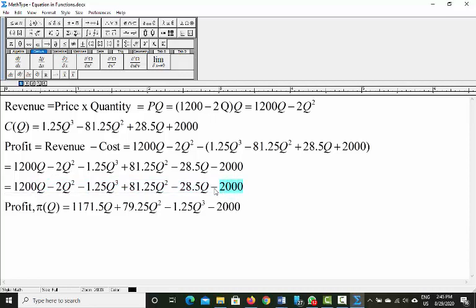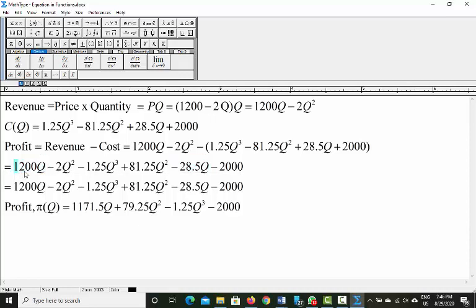No. Only 2000 is there, so we will keep this one there. Now let us match with this one. We have a minus 28.5 Q, and here we have 1200 Q.